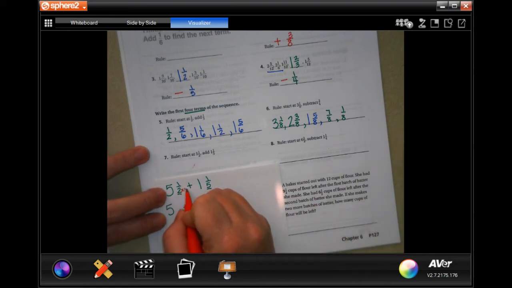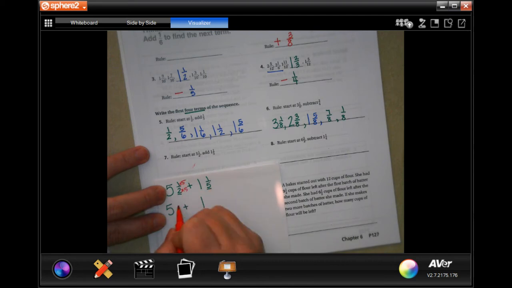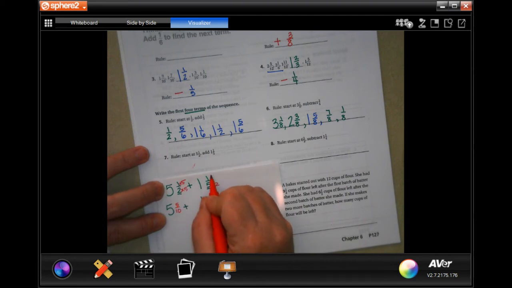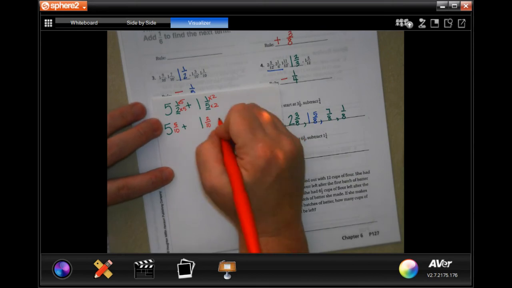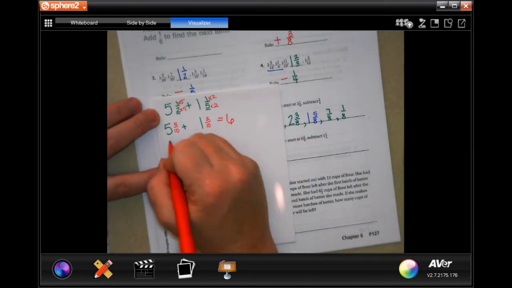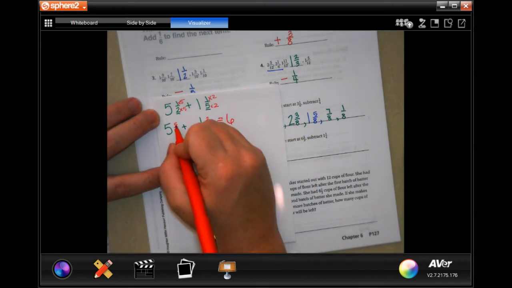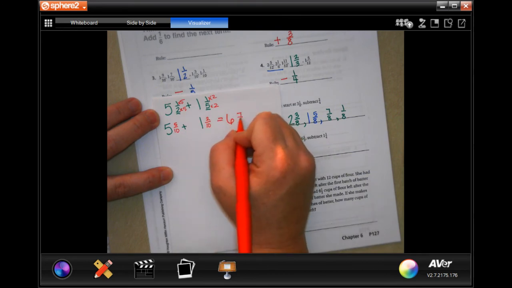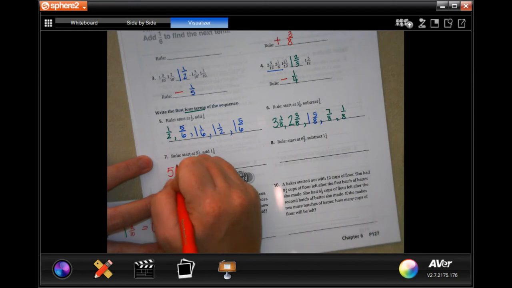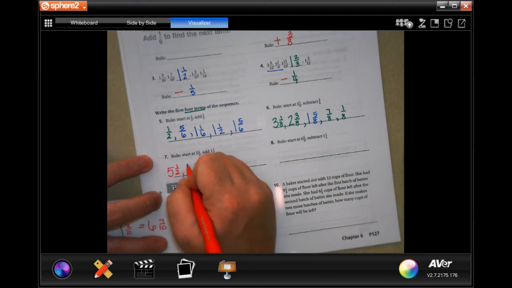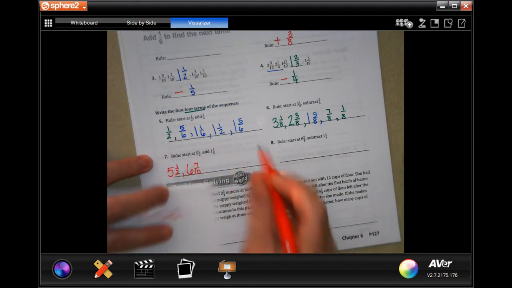I had to multiply this by 5 and this by 5, so 5/10, and that by 2 and that by 2, 2/10. Okay, so now I have 6. 5 plus 1 is 6. 5 plus 2 is 7 and 10. So starting with my 5 1/2, I'm going to have 6 7/10.